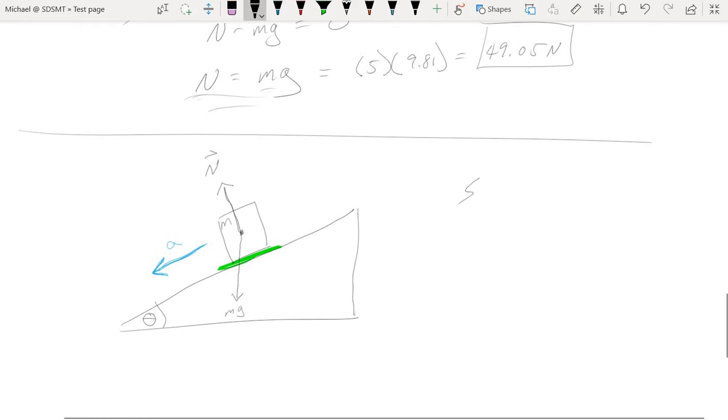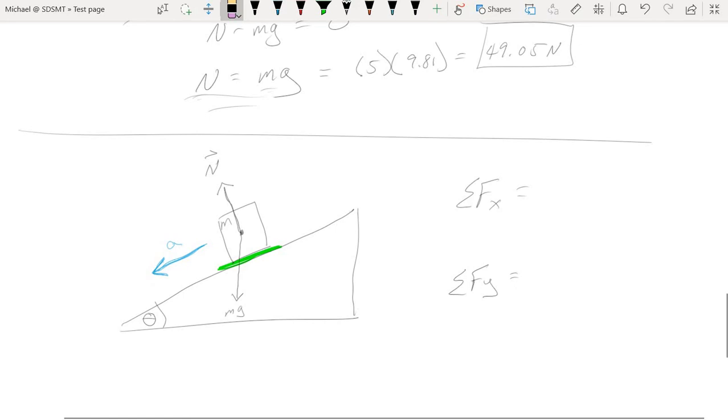Because ultimately we're going to have to break this system up into summations that occur in both the X and the Y direction. And if I can get that acceleration to be exclusively in just one of those directions, then it'll really help with all of the math that we have to do later on.